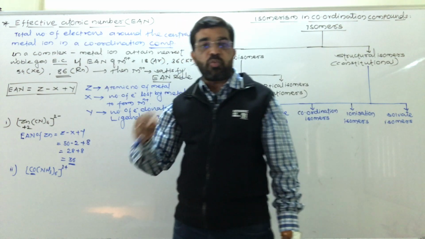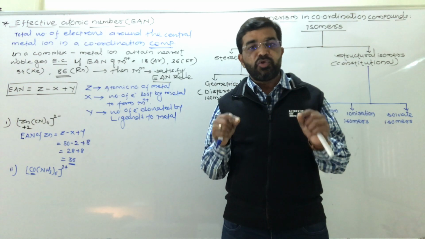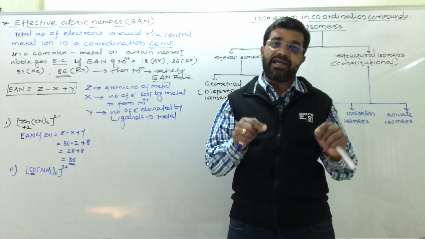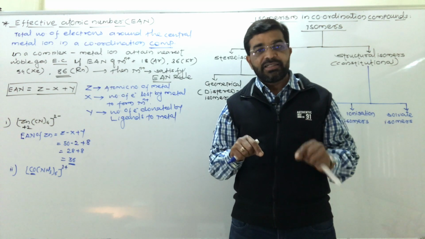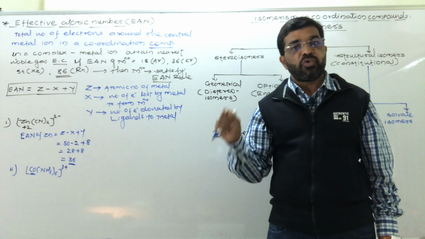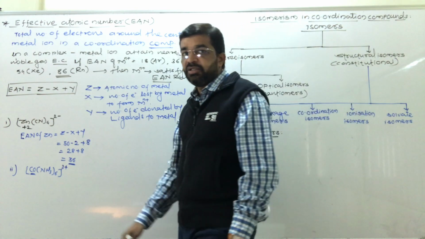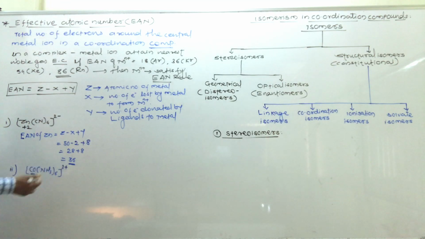Atomic number of cobalt is 27, and if all neutral ligands are attached to the central metal atom or ion, then the charge on the coordination sphere is equal to the oxidation number of that metal ion, or oxidation number of the metal ion is equal to the charge on it.